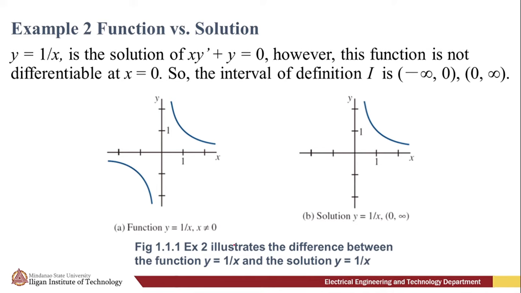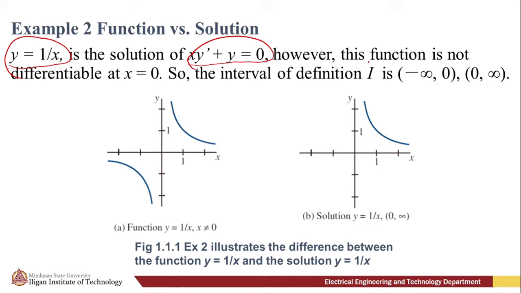So in example 2, we're going to compare a function with a solution. So we have here y equals 1 over x, which is a solution for the differential equation x y prime plus y equals 0.